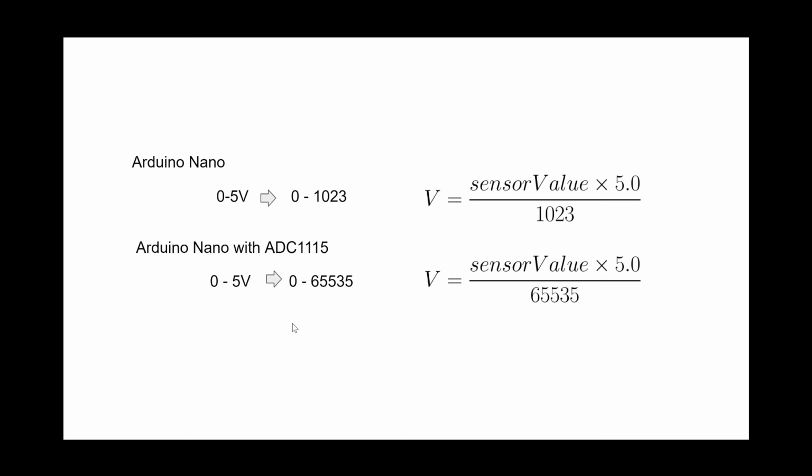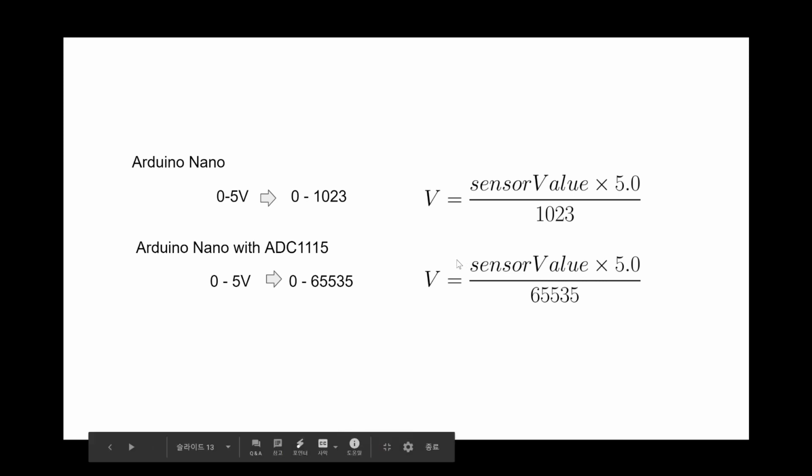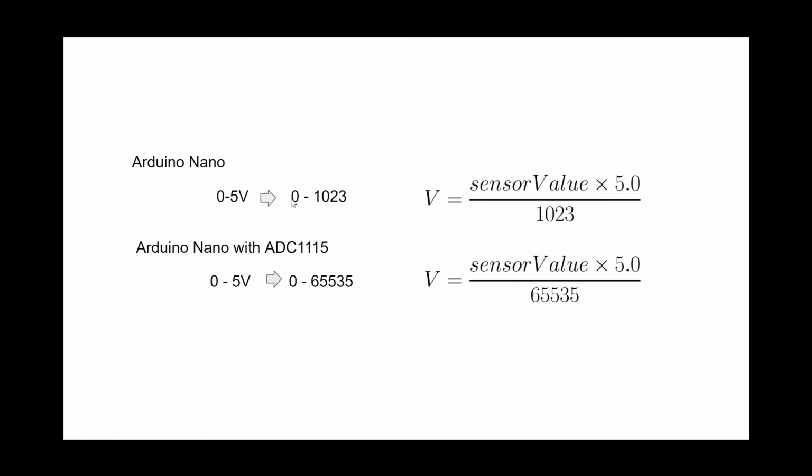So we need to be able to convert the value sent by the ADC back to the voltage. How can we do that? We can use the formula here. This will change the value of 0 to 1023 to 0 to 5 volts. It also changes the value from 0 to 65,535 to 0 to 5 volts.